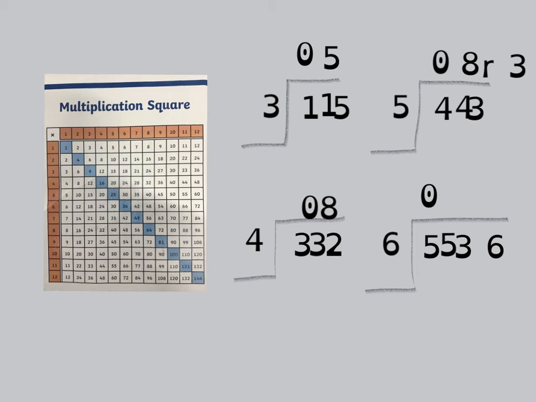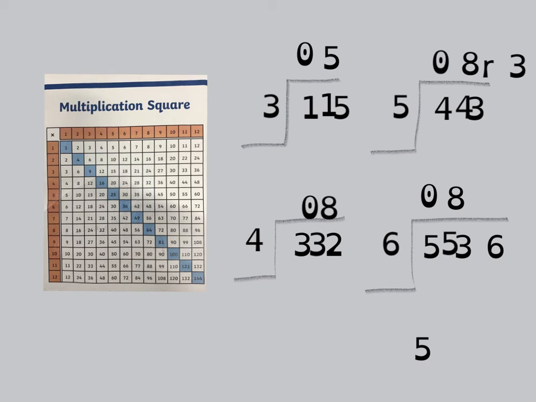So 53 divided by 6, and if you think about your 6 times table, if you go up at 6, 12, 18, 24, 30, 36, 42, 48. Okay, so 6 8s are 48, so your answer here is 8. And we want to add on until we get to 53, so we've got a remainder of 5 here.